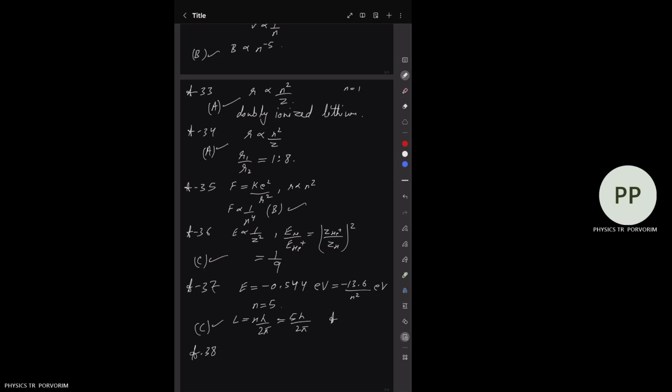38. The question is the ratio between the total acceleration of the electron in singly ionized helium atom and hydrogen atom.